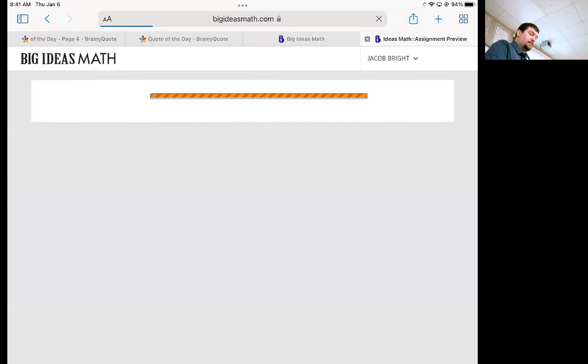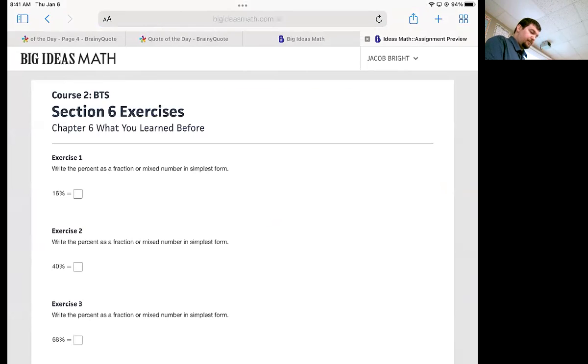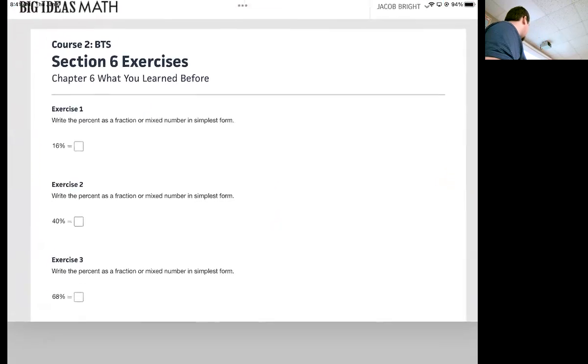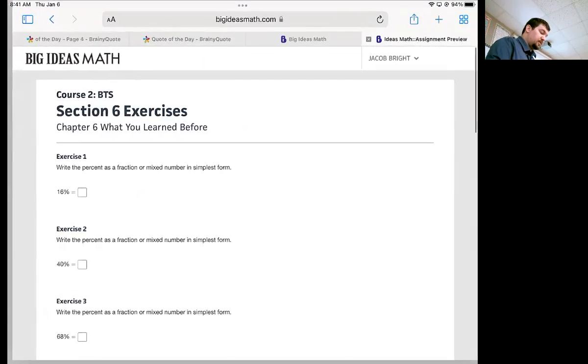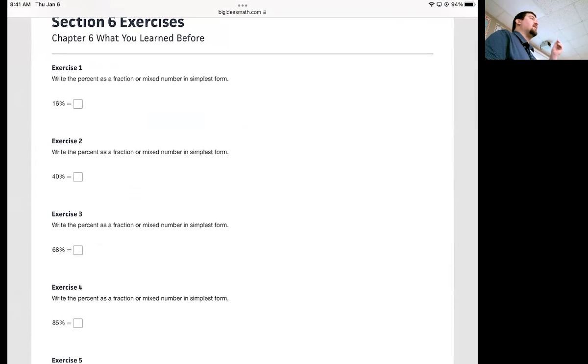The first 8 are going to have you take a percent and turn it into a reduced fraction. I'll be honest with you, these are the ones that are going to take the most time, because how do you have to write your fractions? Simplest form. Yeah, so reducing the fraction takes a little bit of time, right? Sometimes you don't have to reduce it at all. Sometimes it's already reduced.